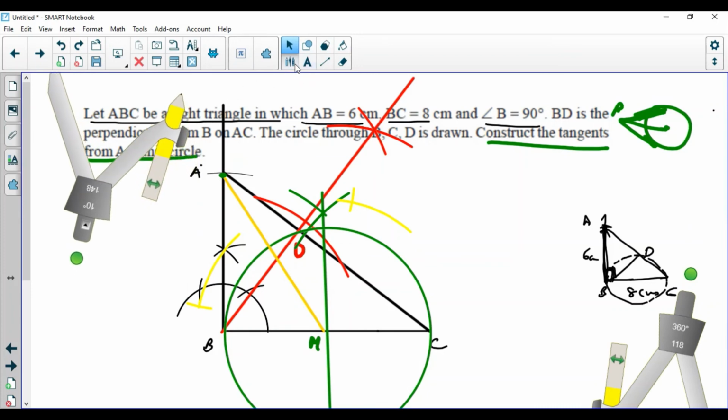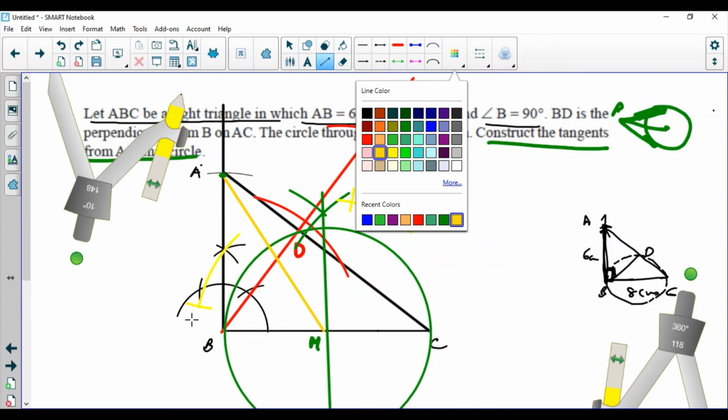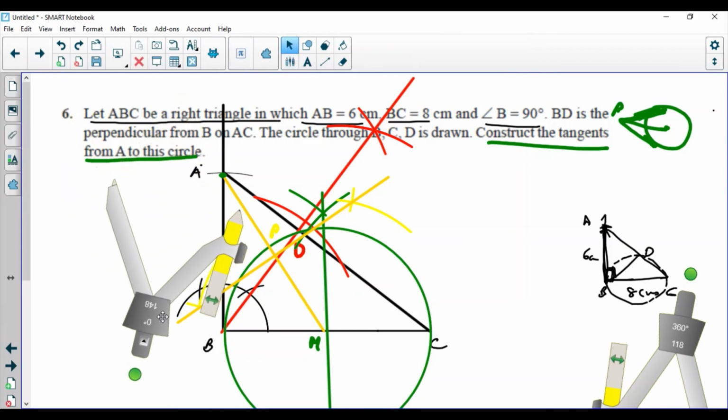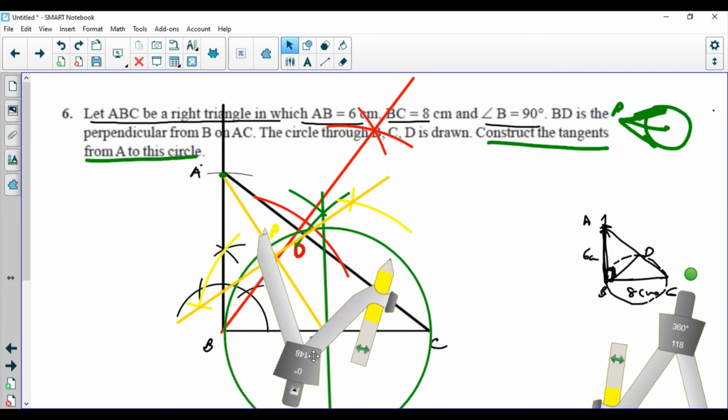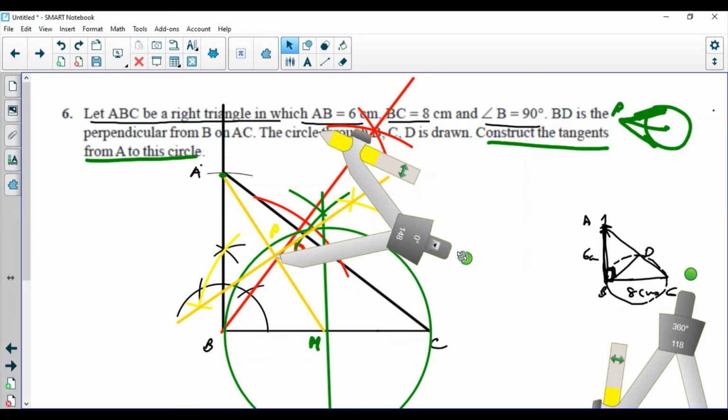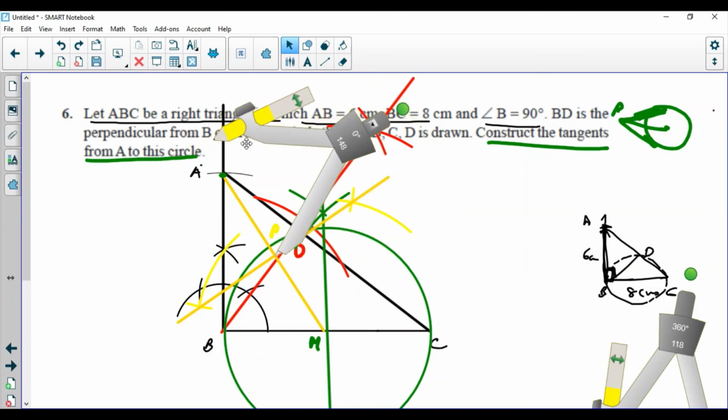So now we will join these yellow intersecting points to get the perpendicular bisector of AM, let this point be P. Okay, now taking P as center and PA as radius, draw the semicircle.